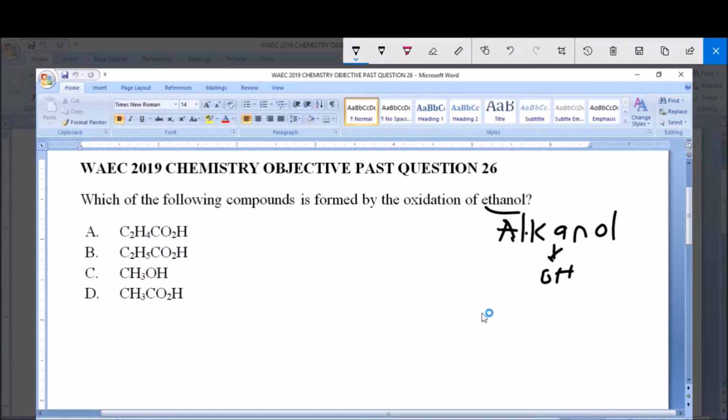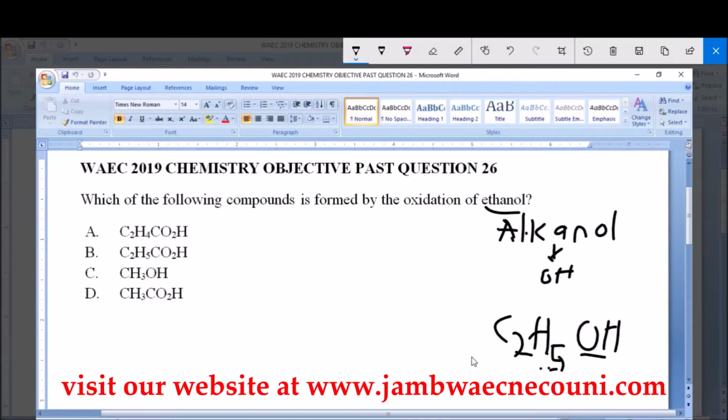And the chemical formula of ethanol is C2H5OH. So you can see that ethanol has the functional group OH attached to it.